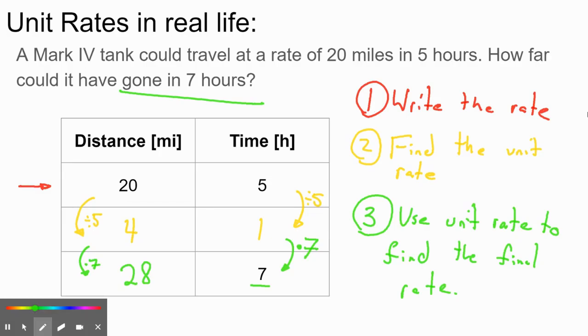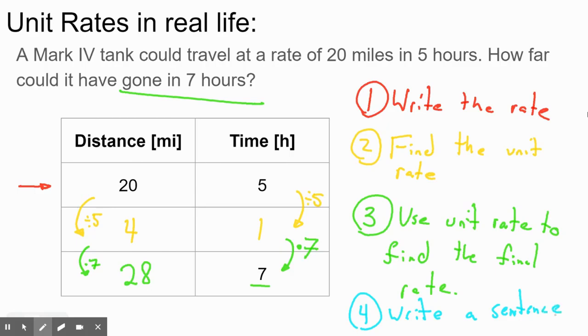The last thing that we should do, since this is a word problem, is write a sentence, a full sentence, for our answer. So we can write it up here.